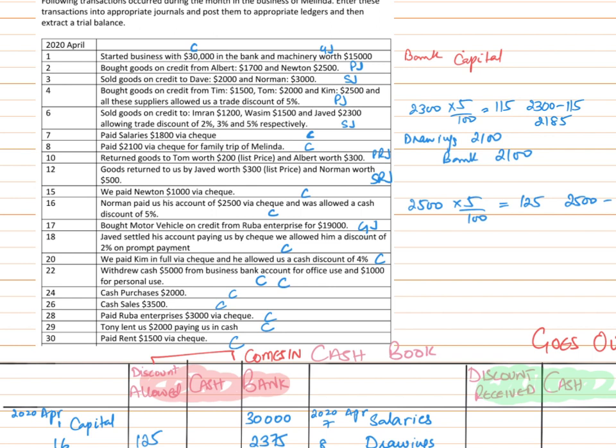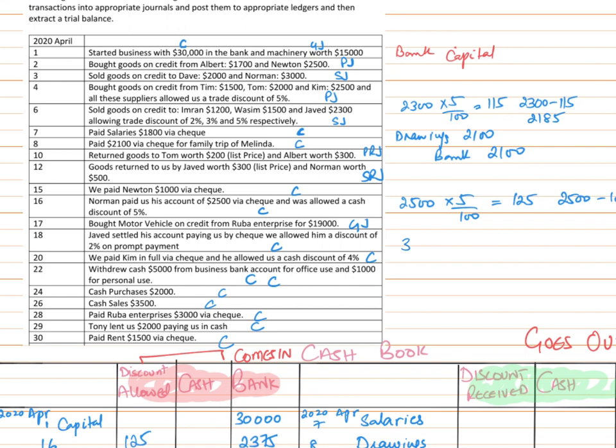Now when he's returning goods, we'll also have to adjust the discount, because 300 is the list price, but we sold him goods at 5% less than the list price. So obviously we'll have to remove the discount amount from this $300 as well. 300 into 5% is how much? $15. And if we subtract 15 from 300, he returned goods to us worth $285.